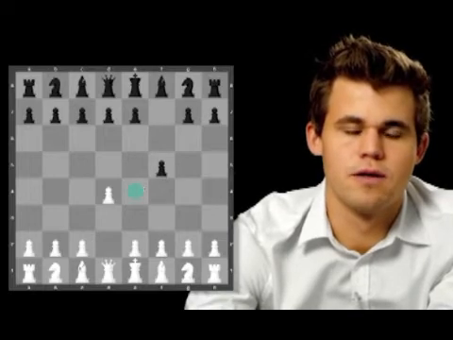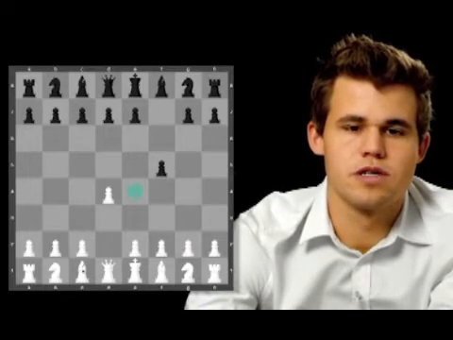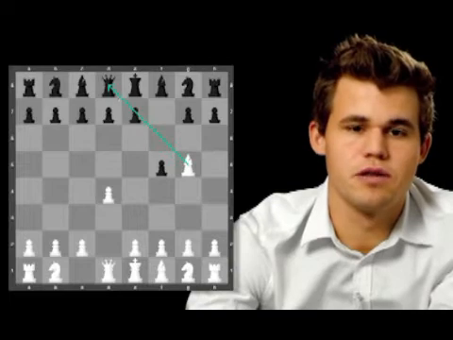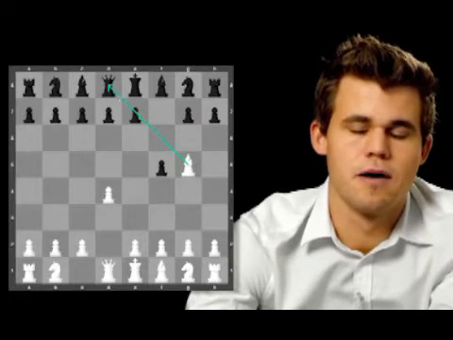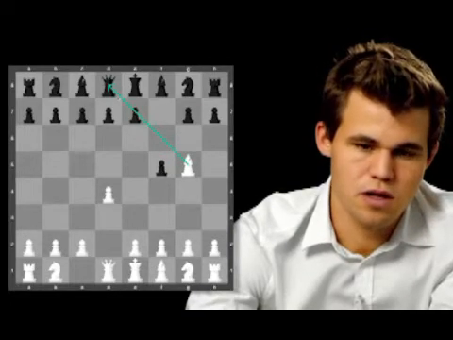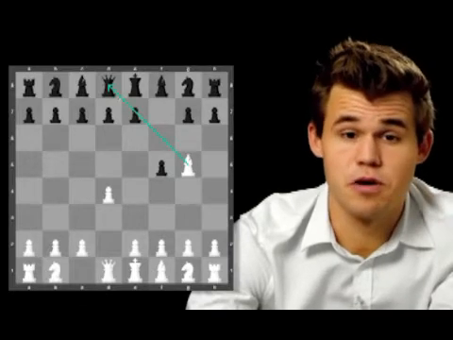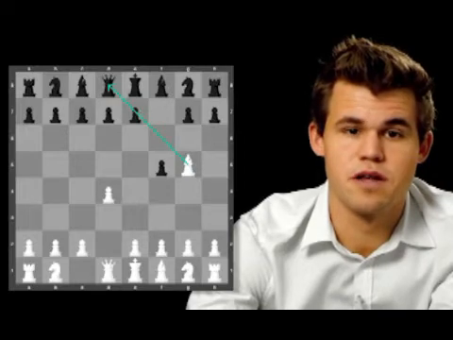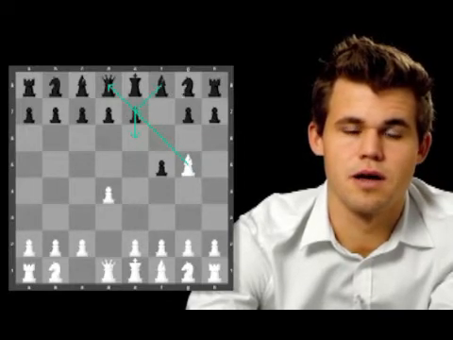So one quite interesting way for white to play after this move is to move the bishop out. The idea is now to hinder black's development by pinning the queen, thereby pinning this pawn and preventing black from developing this bishop eventually.